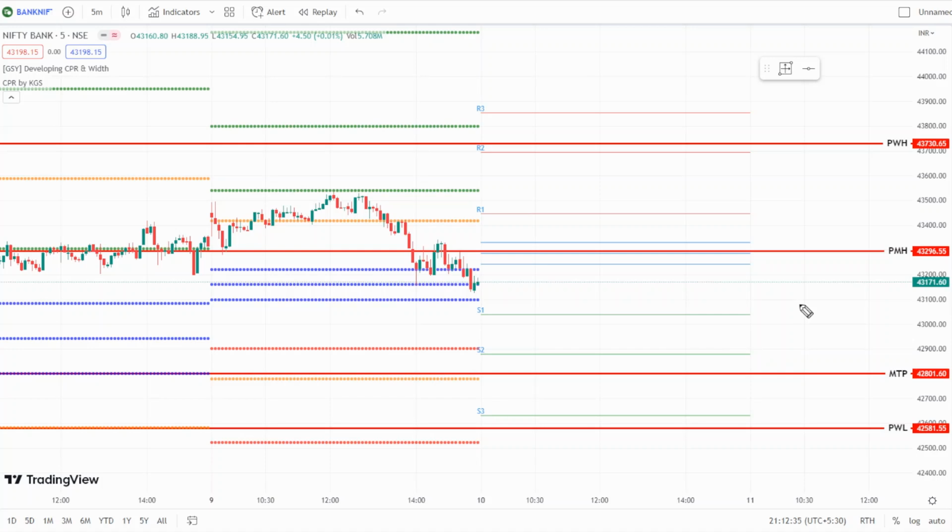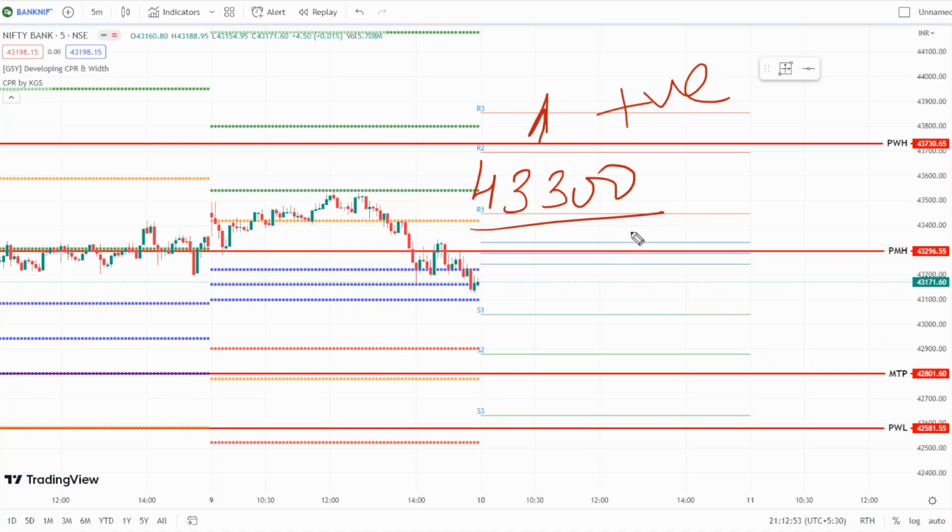But technically, the market is positive above 43,300 and negative below 43,300. Pretty much clear. This is the main level for Bank Nifty to watch out for tomorrow: 43,300. Above 43,300, the market is positive, technically Bank Nifty. And if the candle sustain below 43,300, Bank Nifty is in a negative mode for tomorrow.